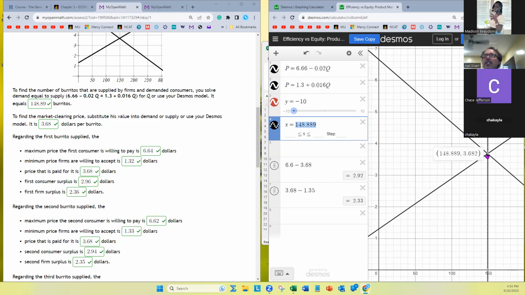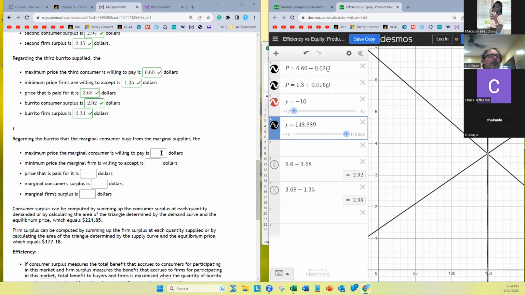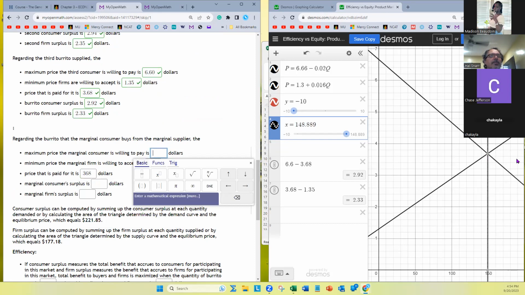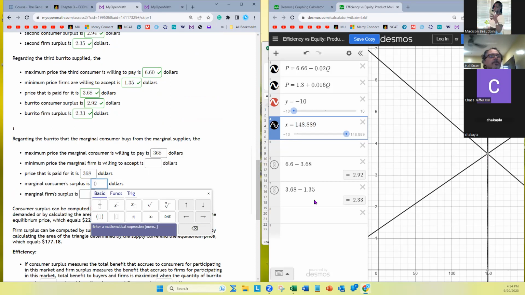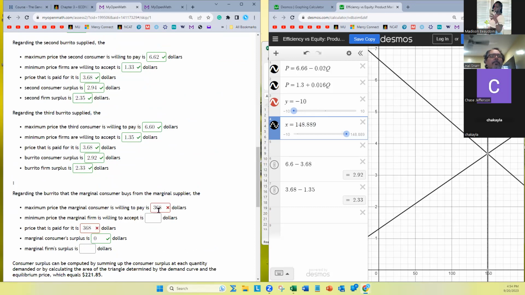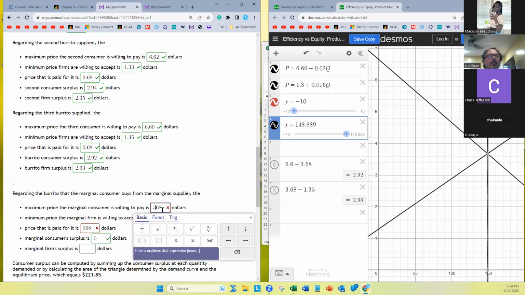The reason I say that is because the market price is 368. That's the price that consumer pays, and that consumer is willing to pay 368, and that consumer surplus is $0. So there's no gain. Whoop, oh, $3.68.